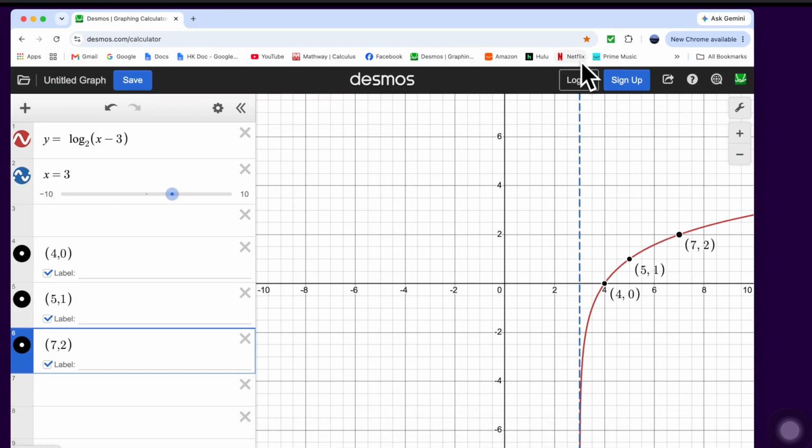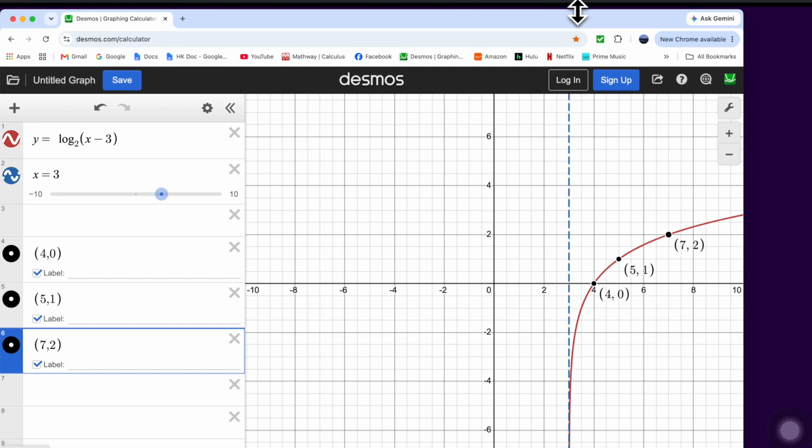Now let's go to Desmos and check this out. We went ahead and plotted our vertical asymptote at x equals 3. We then plotted each of the points, and you could see that this graph matches the first line, which is Desmos' graph.